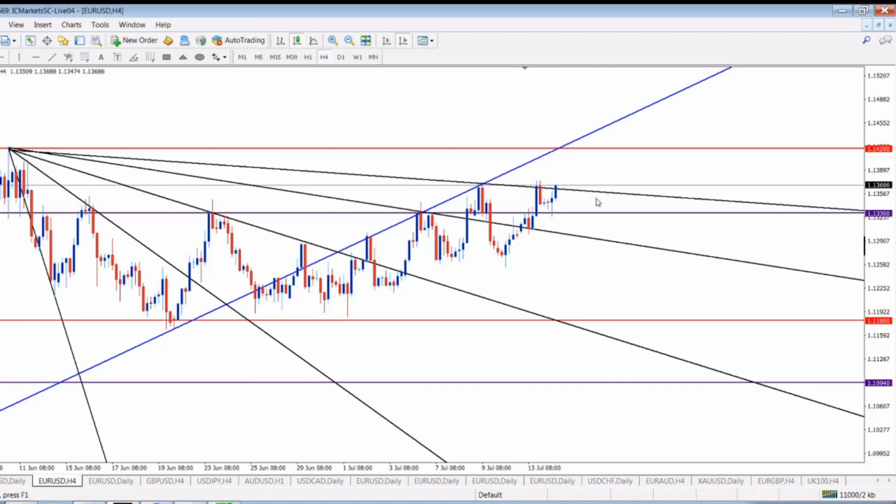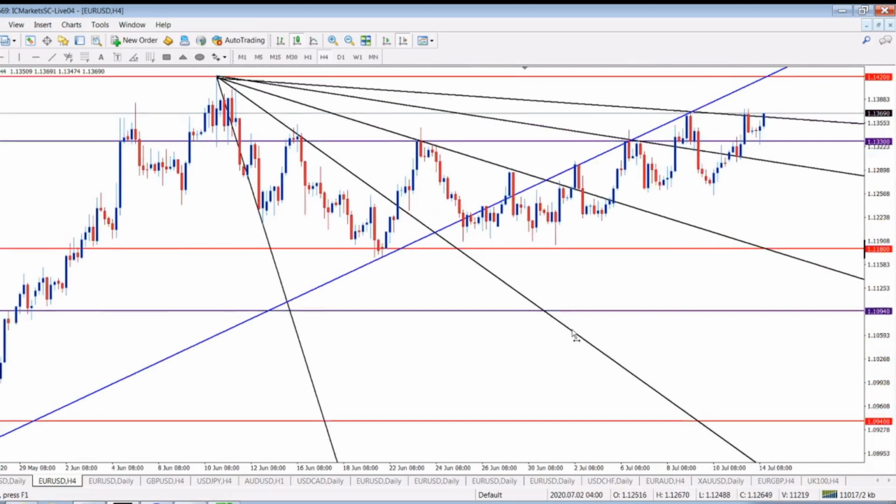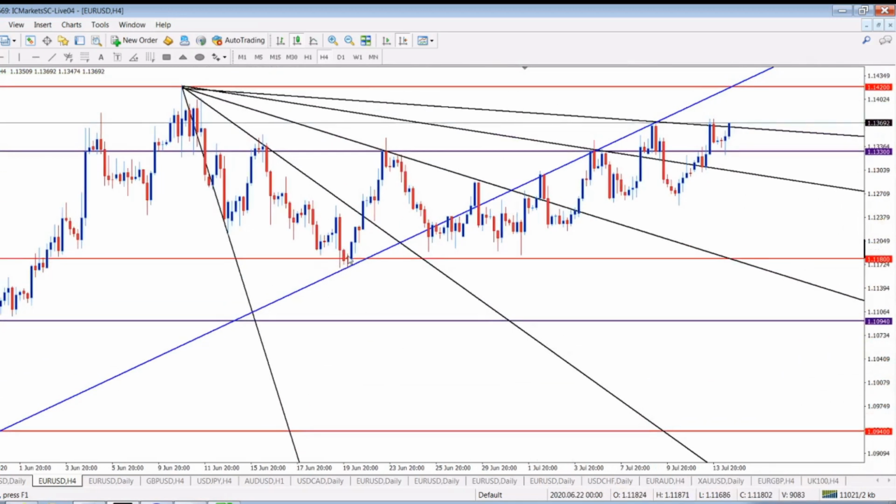The next one might be hit even today. We got the fast trend line, which has been determined earlier on the line from 25th of May, and the next one is of 22nd of June. So this trend line has been broken, and the last resistance we've got somewhere over here. We'll see what's gonna happen next.